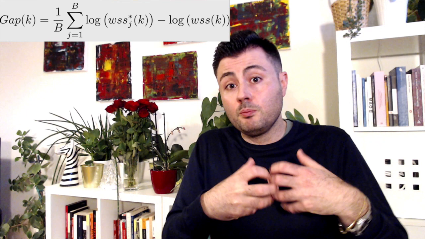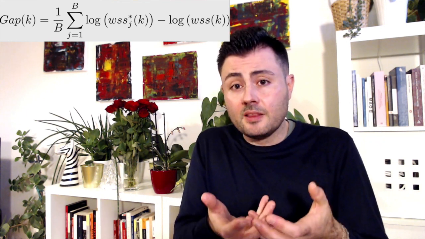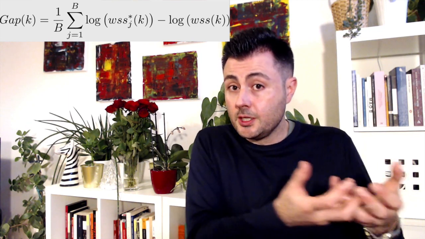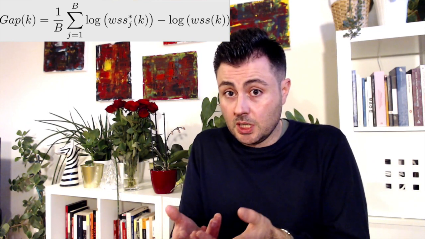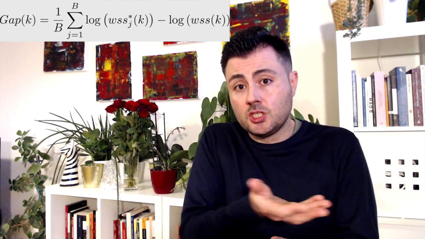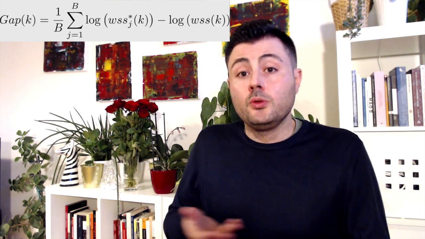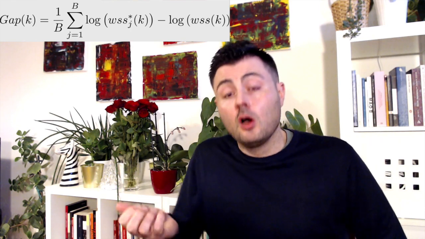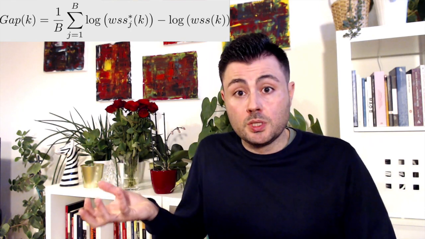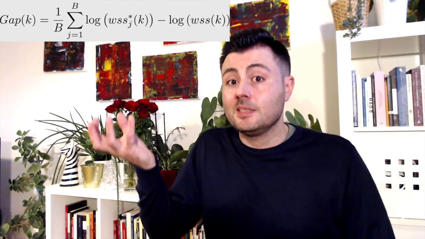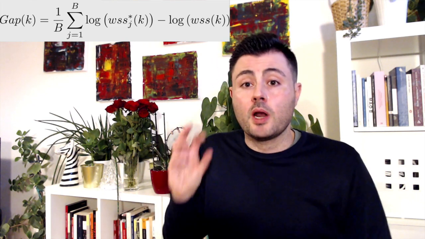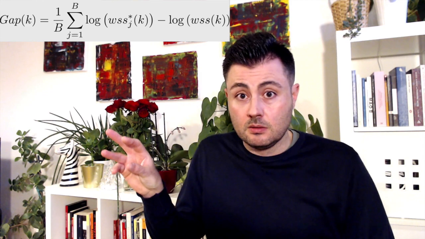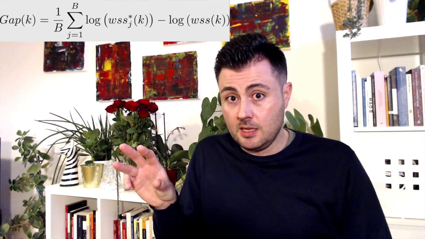I compute the inertia. I then compute the natural logarithm of the inertia, and I take the average of these logs. From the average of these logs, I remove the log of the inertia computed on my original dataset. This is what I call the gap for a given k. This is the gap k.